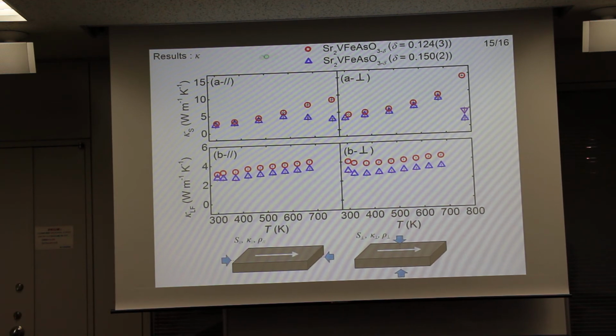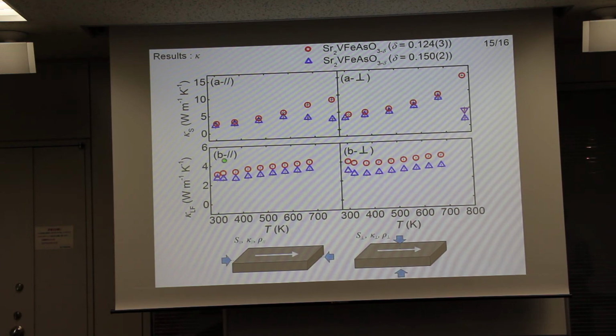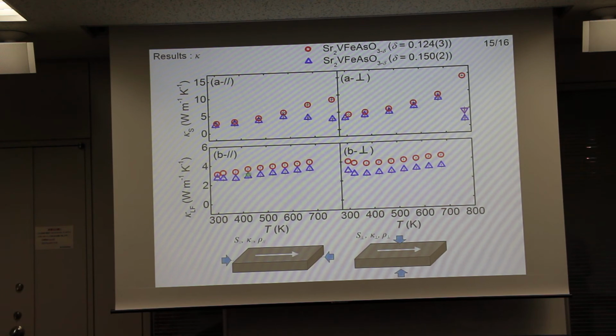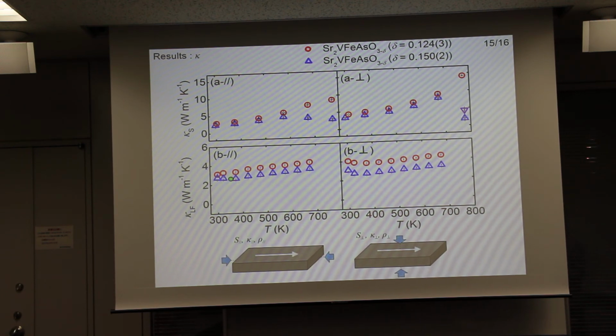These two show kappa SS, with noise. This one is measured by the steady-state method, and this is measured by laser flash. For example, let's compare this red one and this red one, because they are the same samples, but the method is different.